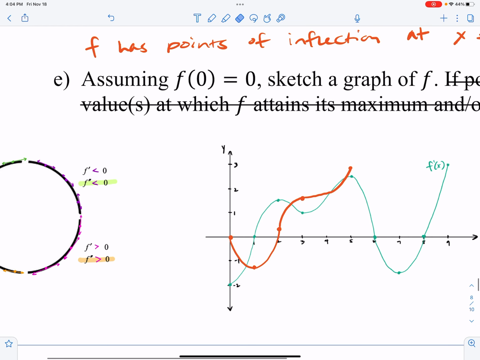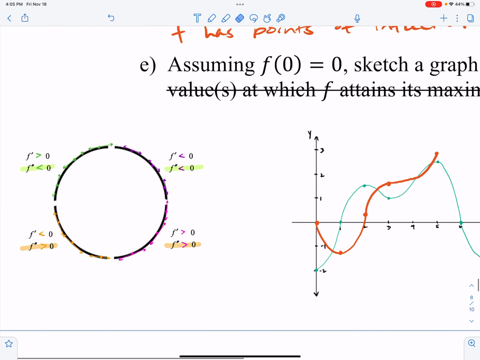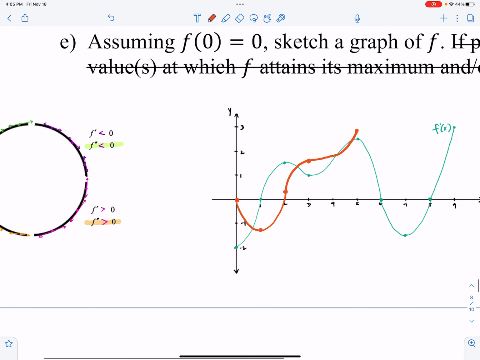Okay, and then for 5 to 6, f prime is positive. But f double prime would be negative because f prime is decreasing. So f prime positive, f double prime negative would be this section here. So that's just from 5 to 6.